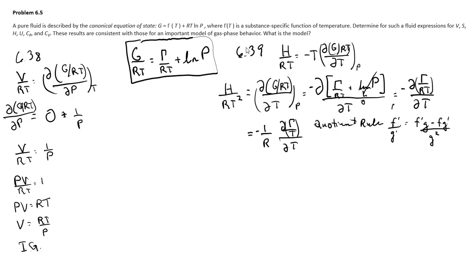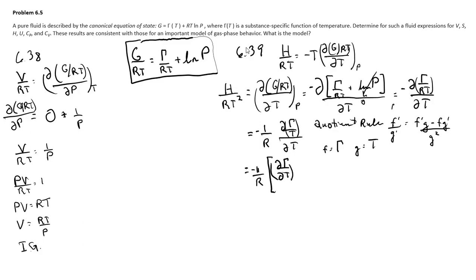And F, in this case, is gamma, and G is temperature. So this is equal to minus 1 over R times, now let's do this, F prime, which is the partial of gamma with respect to temperature.